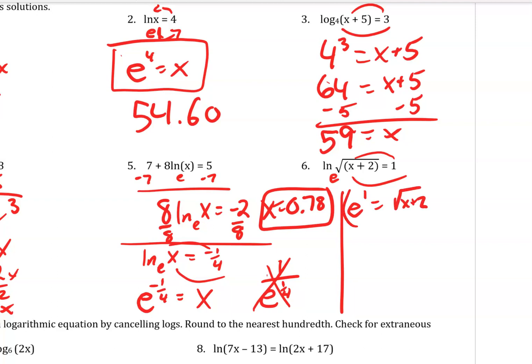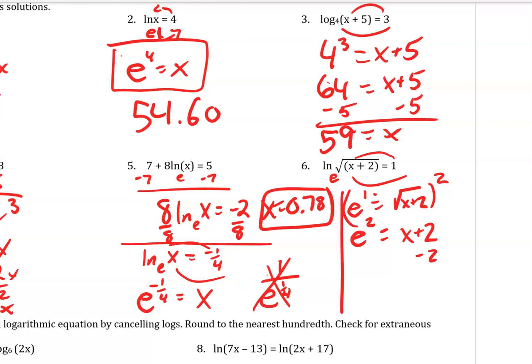So now we're going to square both sides. The square root of x plus 2 squared is x plus 2. When I take e to the first and I square it, I multiply the exponents. This is power to a power. Multiply the exponents. So I get e squared, or e to the second power, equals x plus 2.